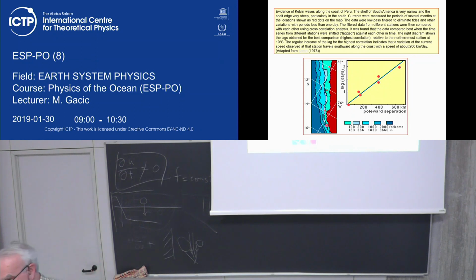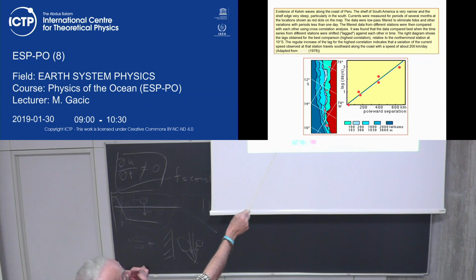So the elimination of tides is very simple, but the tides have amplitudes much larger than the sea level oscillation due to the Kelvin waves. So you have to take care to eliminate the tides with high precision. Otherwise, the high frequency tidal flow can cover the signal associated with Kelvin waves, because the Kelvin waves are the long-term changes of the sea level.